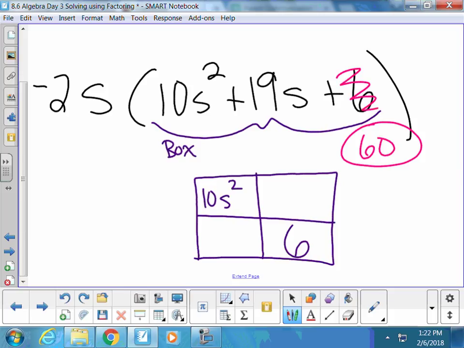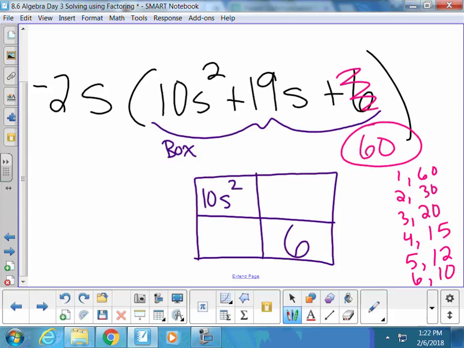Now 60 has a lot of possibilities. So I'll just run down the possibilities and give a holler if you see the one you like. 1 and 60, 2 and 30, 3 and 20, 4 and 15, I believe, 5 and 12, 6 and 10.